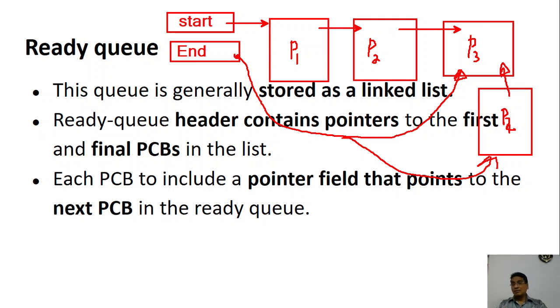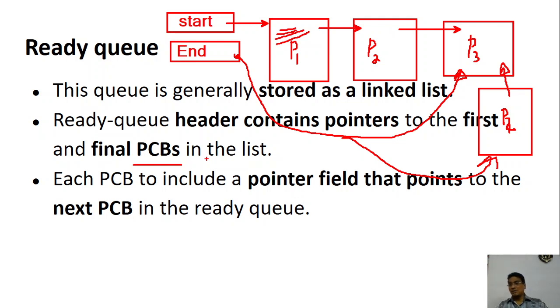So there will be a starting pointer and an ending pointer. And we know very well that for a process to be there in the memory, to be recognized by the operating system, it requires a process control block. All the information regarding the process will be kept in the process control block, which contains a program counter, all the registers and so on and so forth.